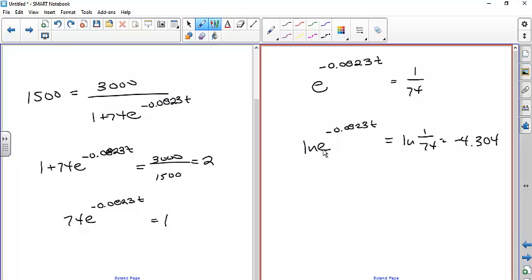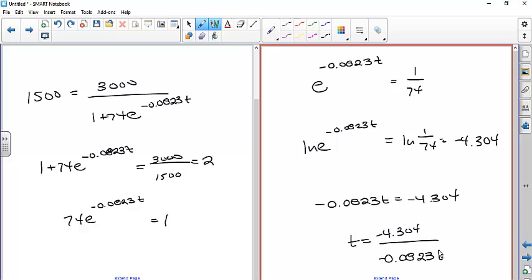But the natural log of e to that is just the exponent. 0.0823t is equal to negative 4.304. And divide both sides by negative 0.0823, not t, just because that's what we're trying to solve for.